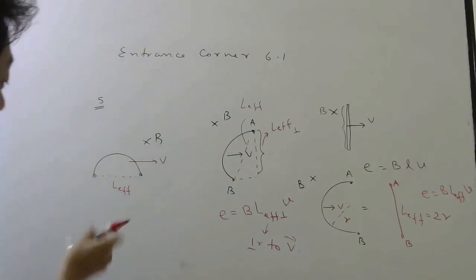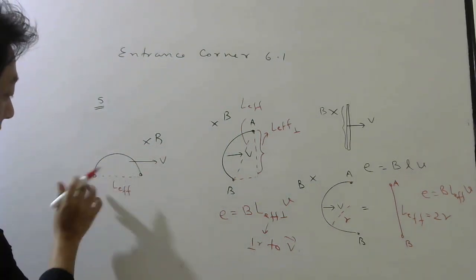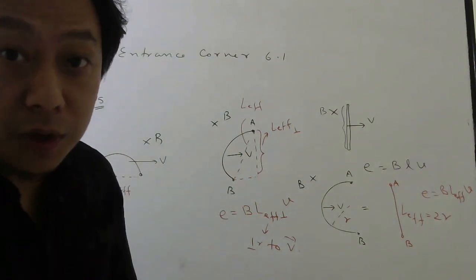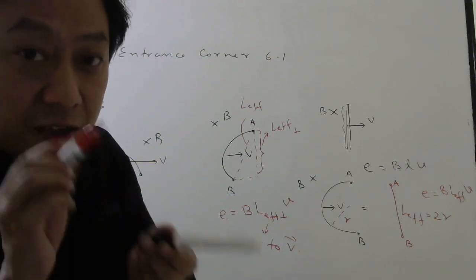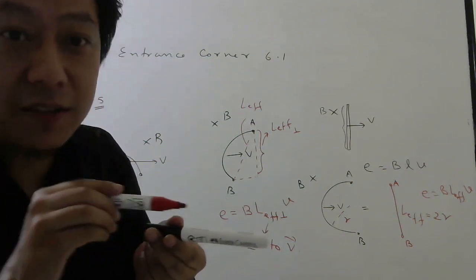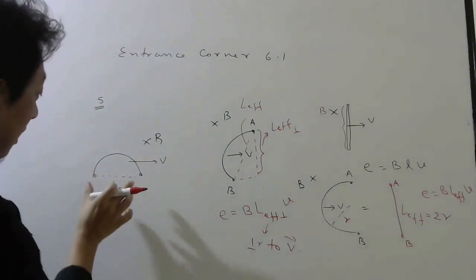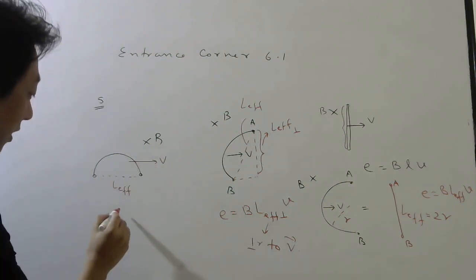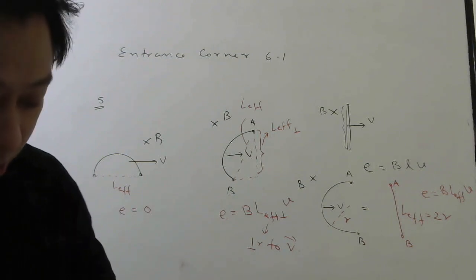Now you can see this L effective is parallel to your velocity, which means there will be no component perpendicular to velocity. We know from vectors, if a vector is parallel to x-axis, it cannot have y component, correct or not? So this L effective will have no component perpendicular to velocity. In that case, EMF will be 0. So all these special cases you try to remember.